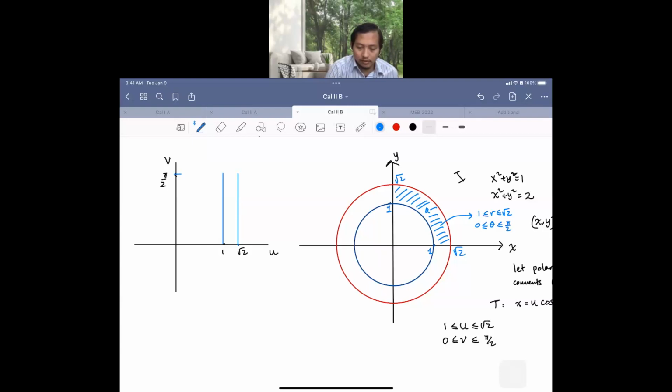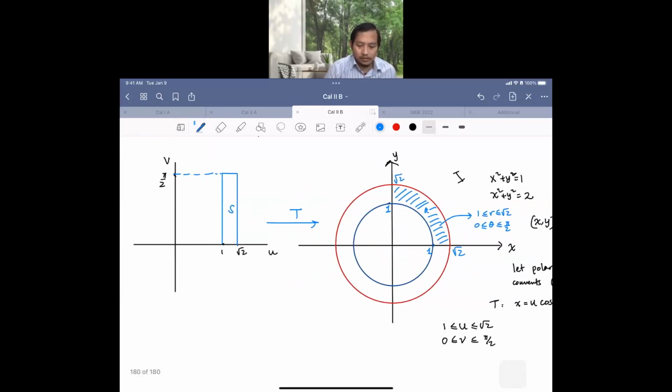So this is region S. We can write the transformation completely.